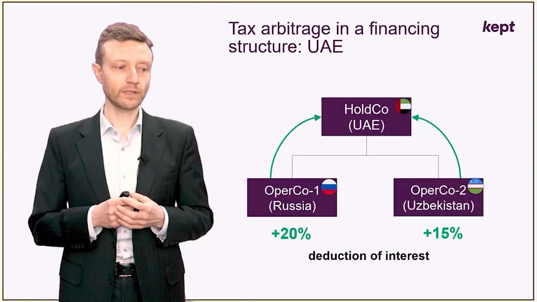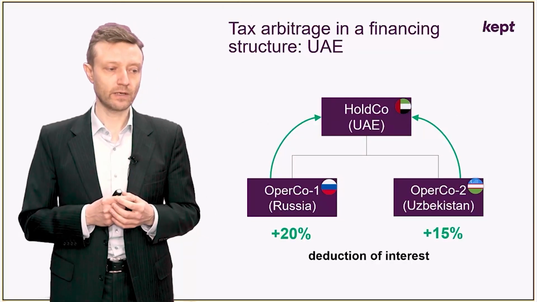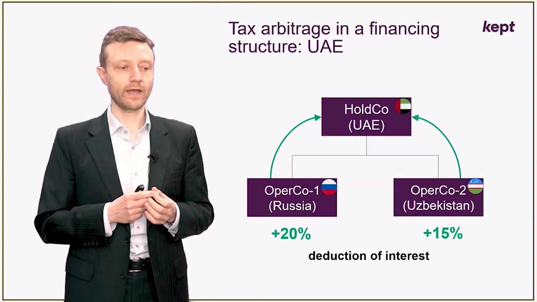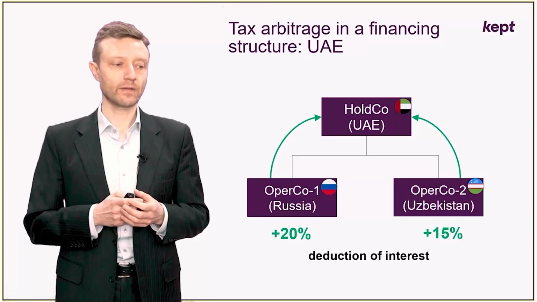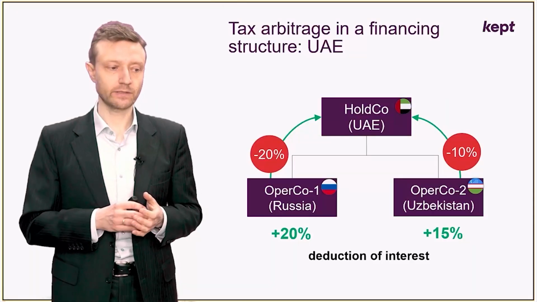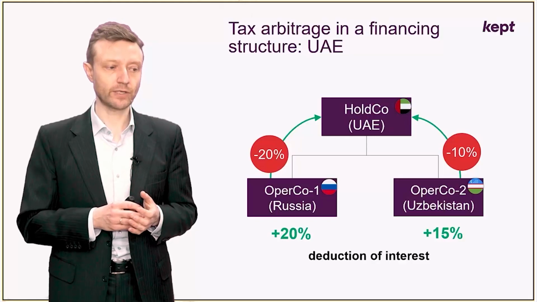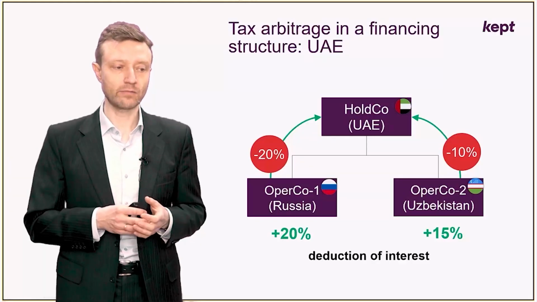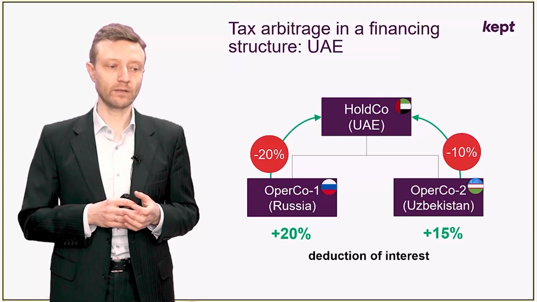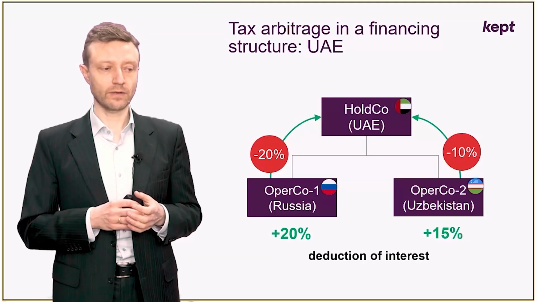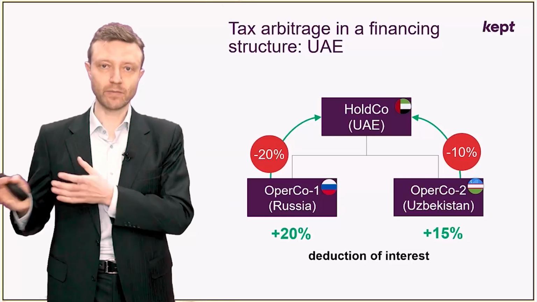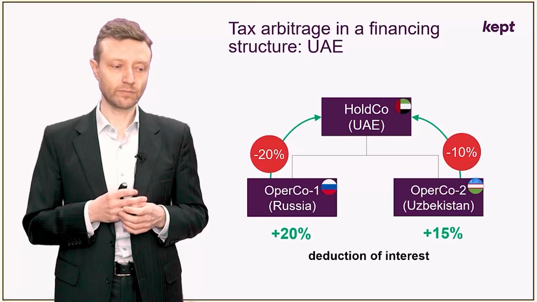And for example, if the holding company was in the United Arab Emirates, first of all, withholding taxes should be considered, and interest is subject to withholding tax. In Russia, it's 20%, and unfortunately, there is no double tax treaty between Russia and the UAE, while there is a treaty between the UAE and Uzbekistan, but the withholding tax rate is the same as the domestic tax rate in Uzbekistan.